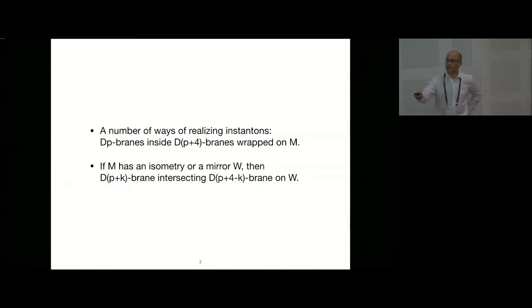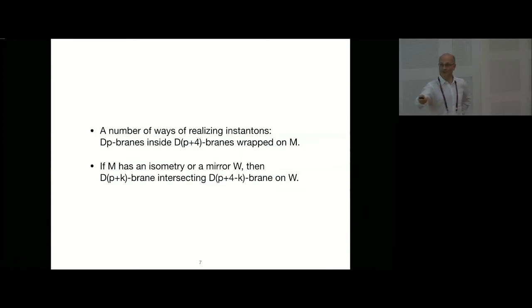Now, if your manifold has some isometries, some continuous symmetry, you can T-dualize along that symmetry. As a result, you'll get a different realization, some different D(p+4) brane intersecting some other brane inside of a different manifold.